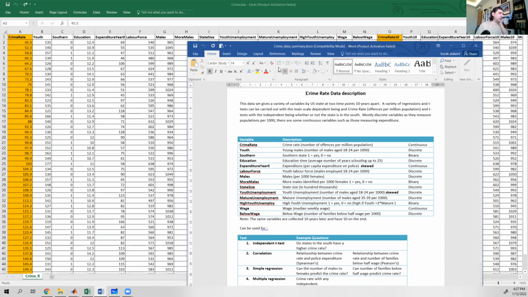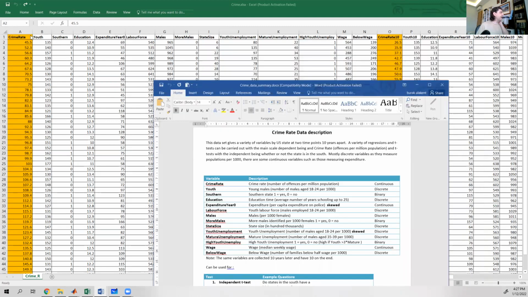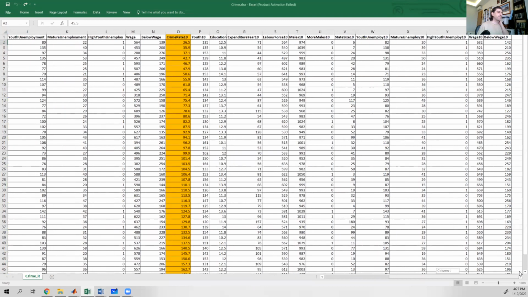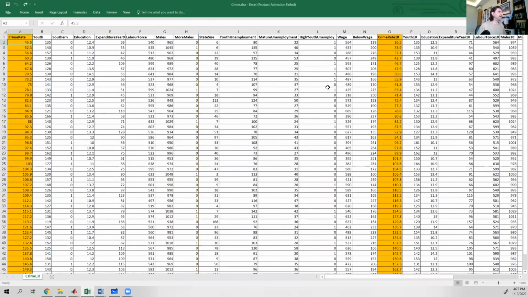And actually, please note that the same variables we have here from A to N are repeated again for the next 10 or 11 or 12 columns. Basically the difference between the first and the second part is that this part is 10 years after the first sample.